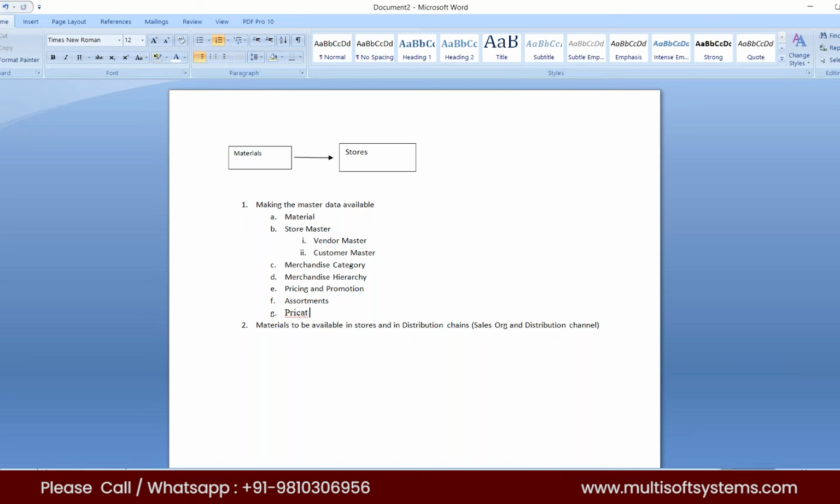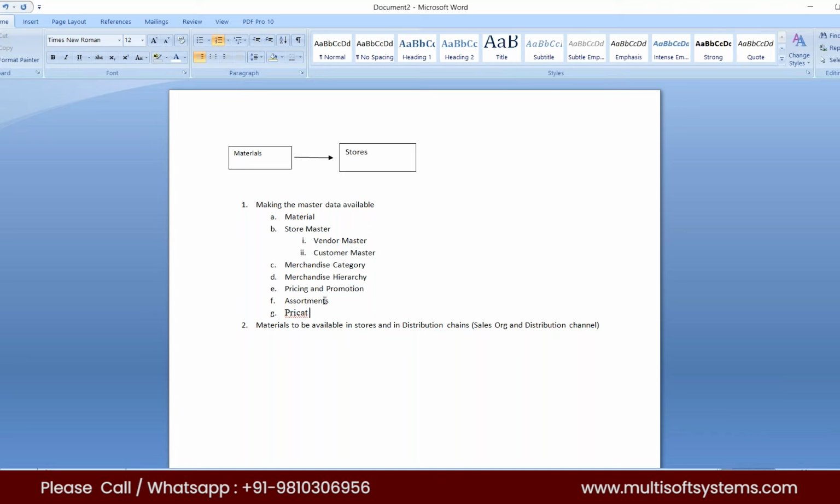We have a number of ways to interact with the vendors as well as to sell to the customers. So the basic information is called PryCat here, price catalog together is called PryCat. These are the major master data that are available in the SAP IS Retail process. It is not restricted only to this.